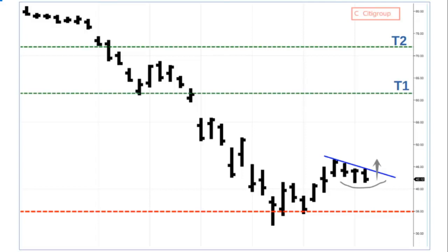You see where I got that little curved line there? That could be your trade, right? You could take that position, protect those lows, and that gives you a much tighter tolerance, so you could actually take a bigger position, right? So there's multiple ways to play these recovery stocks.